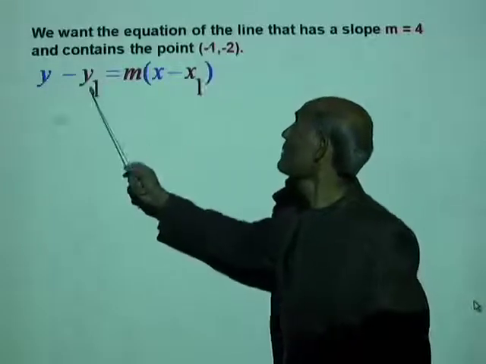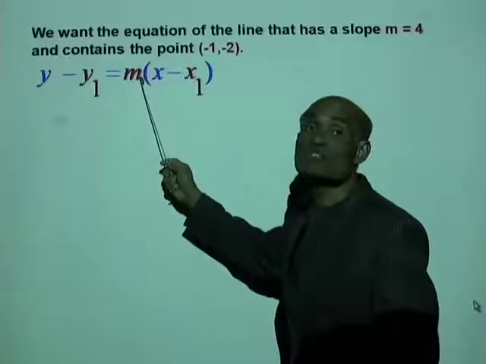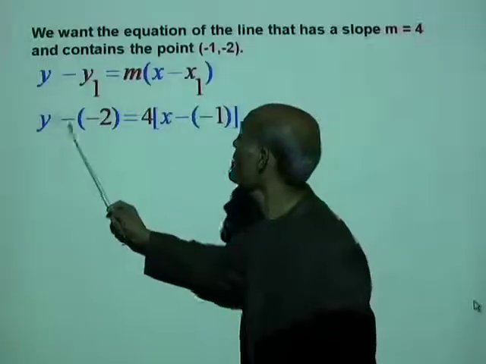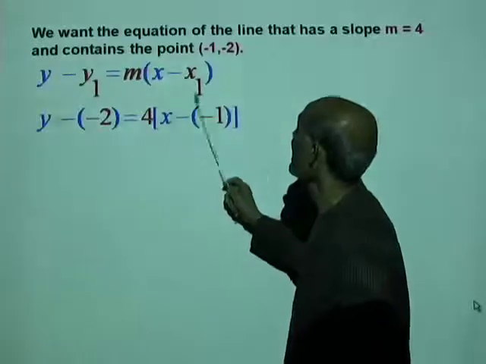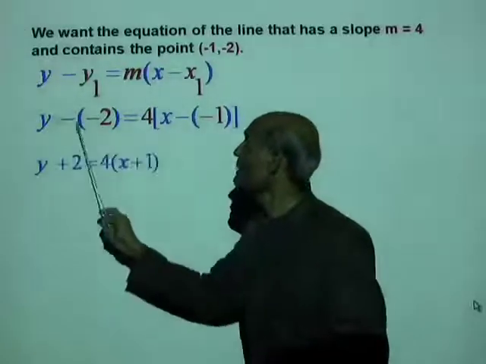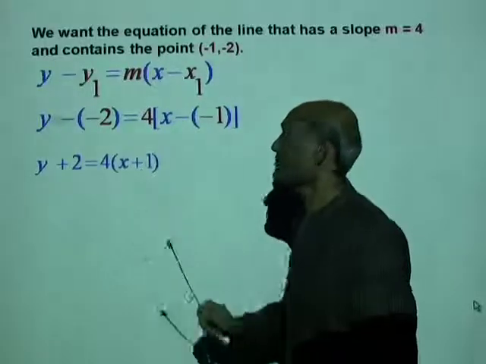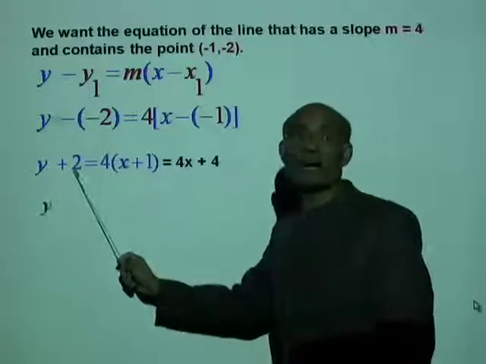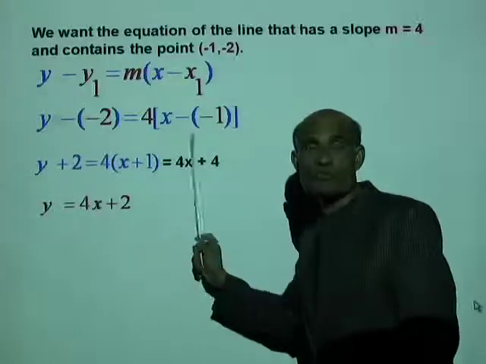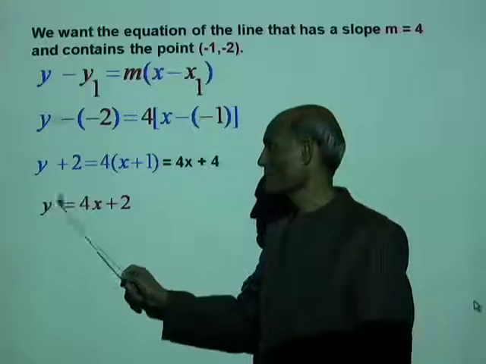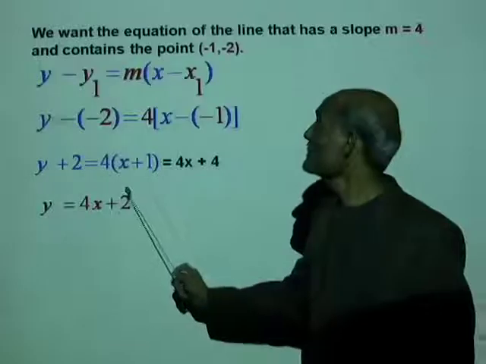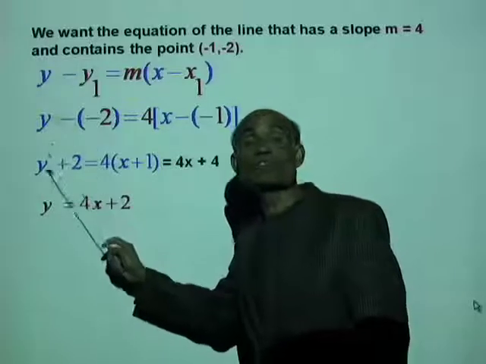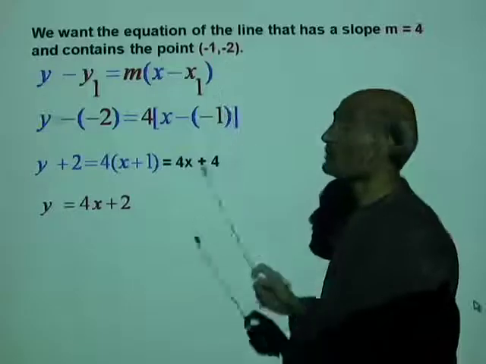Your x1 is -1, y1 is -2, m is, remember what the value of m we found in the last slide? M equal to 4. So that will be y minus -2 equal to 4 times x minus -1. That gives me y plus 2 equal to 4 times x plus 1. And 4 times x plus 1 is 4x plus 4. And move the plus 2 from the left to the right, or subtract 2 from both sides. I'll give you y equal to 4x plus 2 is the equation of the tangent line for the graph of the function y equal to x cubed plus x at the point x equal to -1.